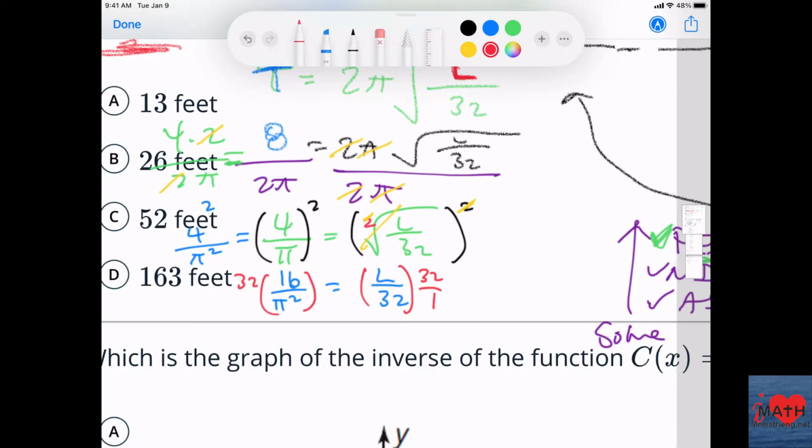Notice how that 32, I make it a fraction, is in the numerator. 32 times 16 gives me 512. So I have 512 over pi squared equals the length.